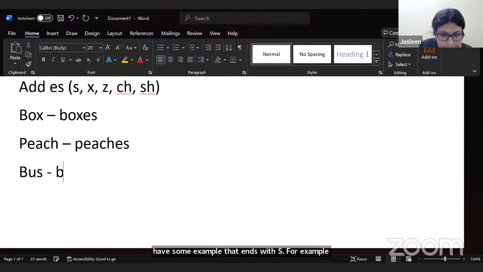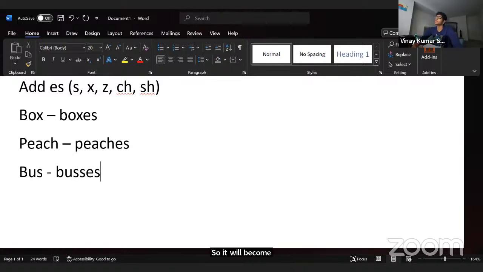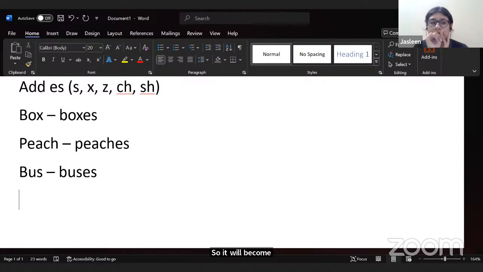It will become buses. So this is the rule: whenever there is S, X, Z, CH or SH, you have to add ES to make it a plural noun.